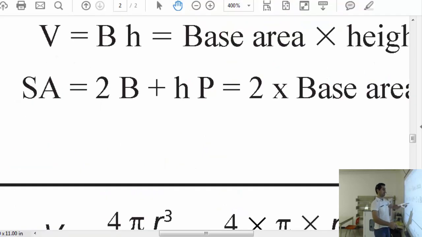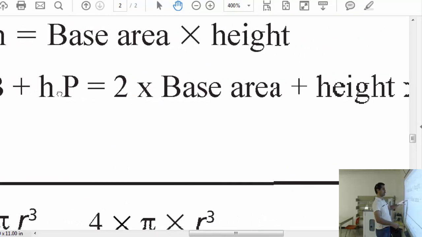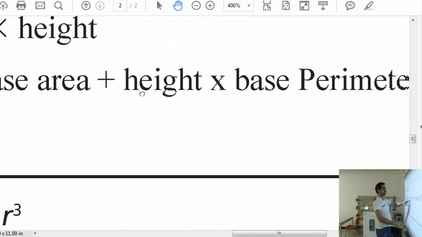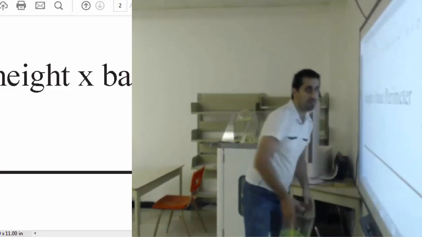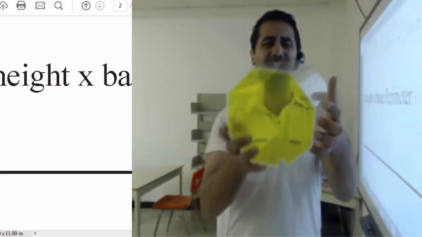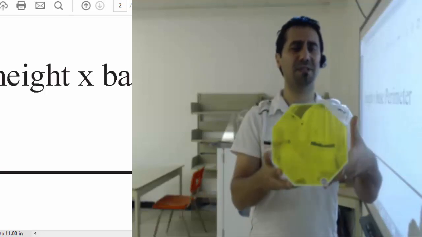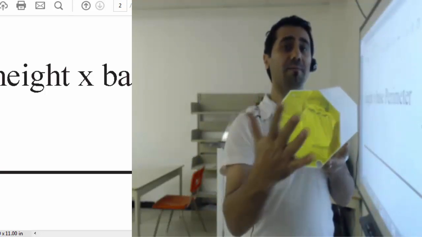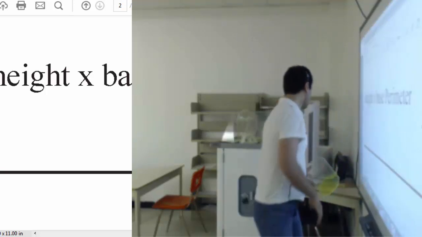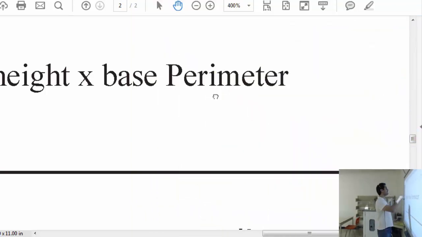Let's go back. What does P stand for? It's the base perimeter. I know this polygon has 8 sides, but it's a good example anyway. So we need to calculate the base perimeter. So let's do that.